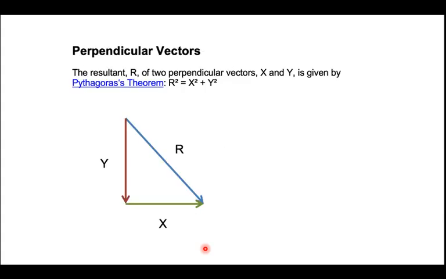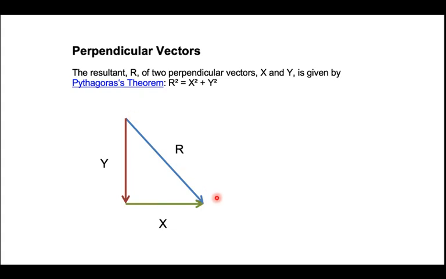Okay, one of the most useful tools then is when you can get two vectors that are at right angles, they're perpendicular to each other. Now, quite often you'll get problems where this isn't the case, but we're going to show you something you can do to get all of your vectors perpendicular to each other. So we've got y add x is going to give us r, but because y and x are perpendicular, they form a right angle triangle, which means that r is the hypotenuse of that right angle triangle.